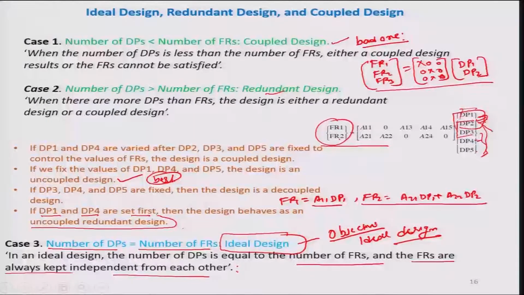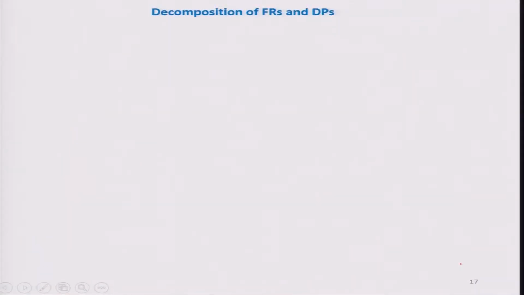Suppose you have 4 functional requirements and 6 design parameters for that. You will have to eliminate 2 design parameters using the second axiom. I will explain what the second axiom is later. Now, decomposition of functional requirements and design parameters.